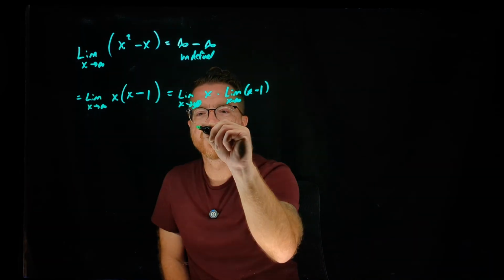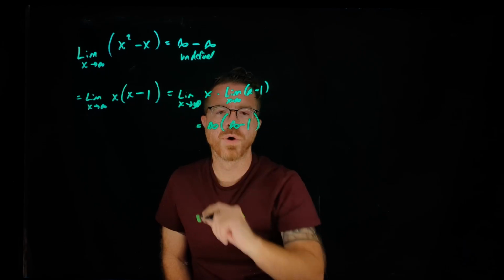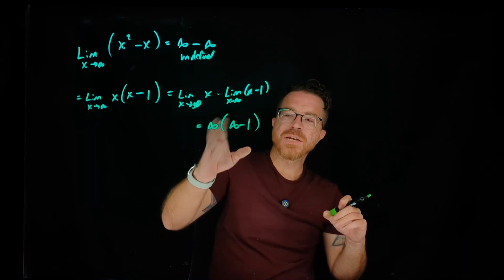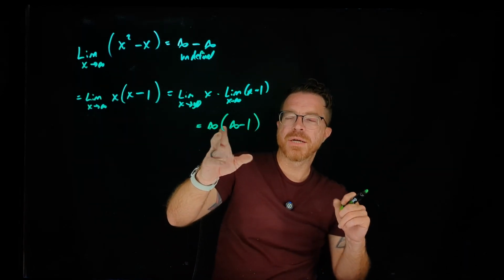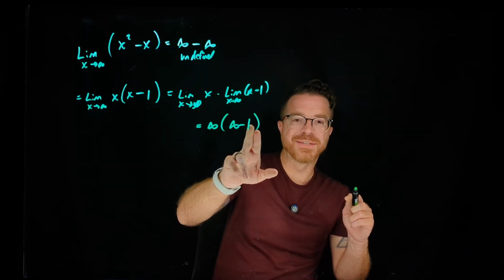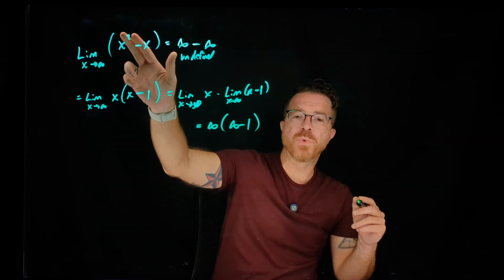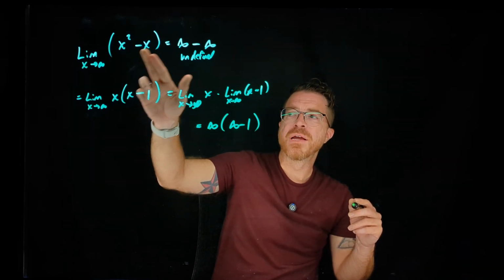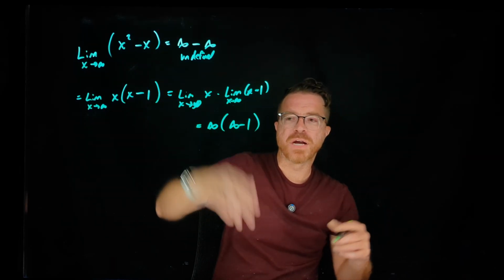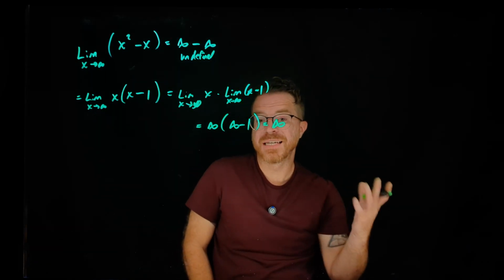So this will be equal to infinity times infinity minus 1, which if we consider what's happening here is that this infinity squared is growing faster than this minus infinity, which we could kind of figure out intuitively here. x squared is growing faster than the x that is being subtracted from it. So in this case, our limit would be, in fact, infinity.